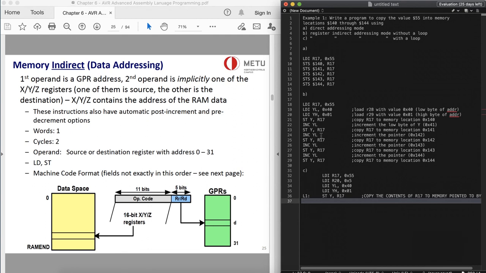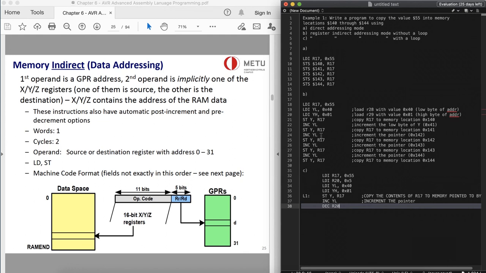Then what we need to do is increment YL. That means increment the pointer to the next one, and then we have to decrement the counter because we have to stop after 5 times.